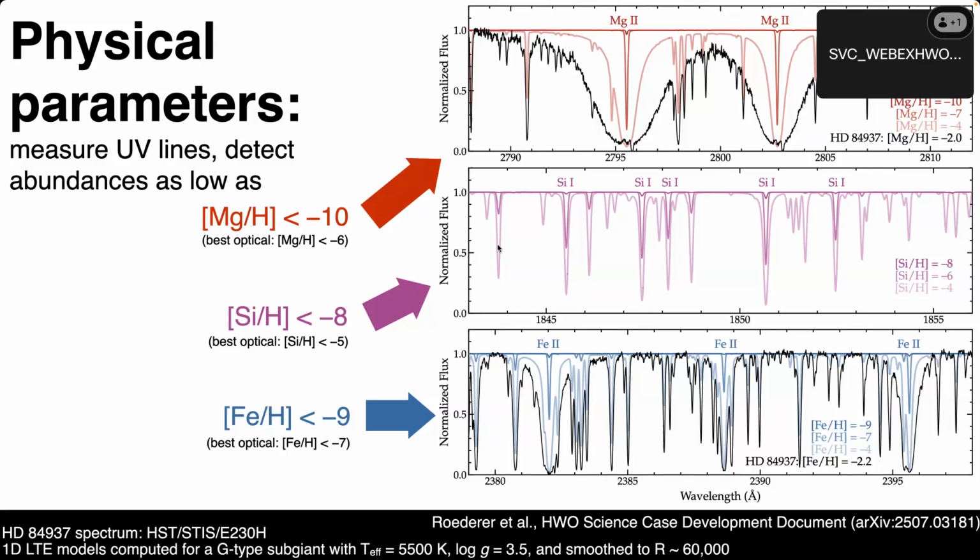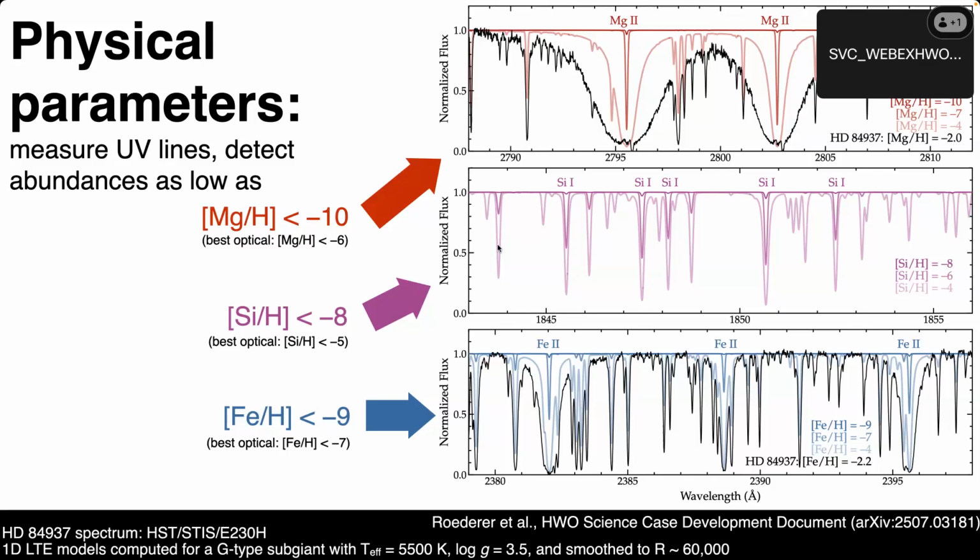So the range of upper limits that you could perhaps place on the abundances of these elements are orders of magnitude better than what you can do in the optical. You can make similar estimates for other elements.